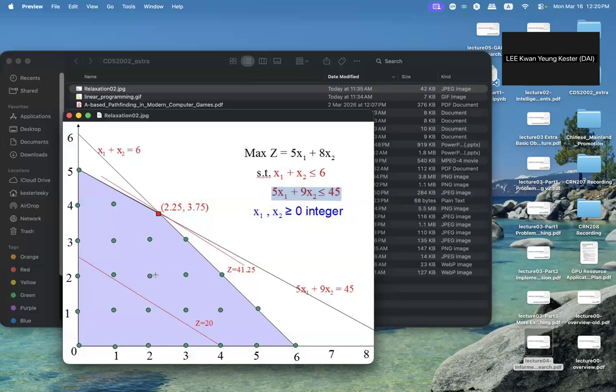So the idea here is that the computer can solve this problem by exhaustively checking all the values in this area. It can jump through all the values inside this area. And if it comes across a point that gives it the best possible value, then it will return that x value. Okay?